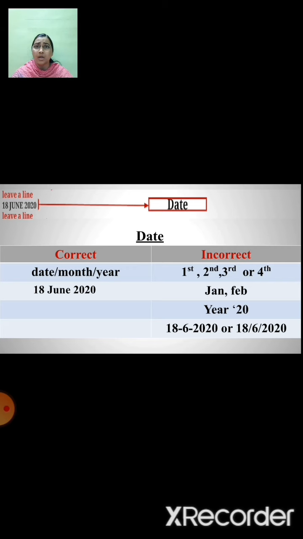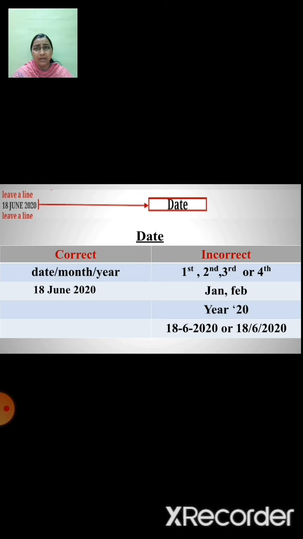Remember the incorrect methods which you are not going to use, like superscripting the date with ST, ND, RD, TH. That is not the correct way of writing the date. Write the name of the month in full. Write the complete spelling of the month.